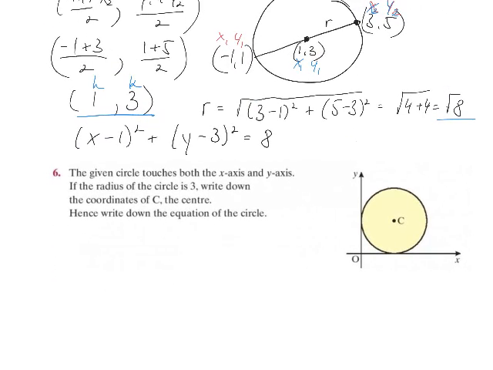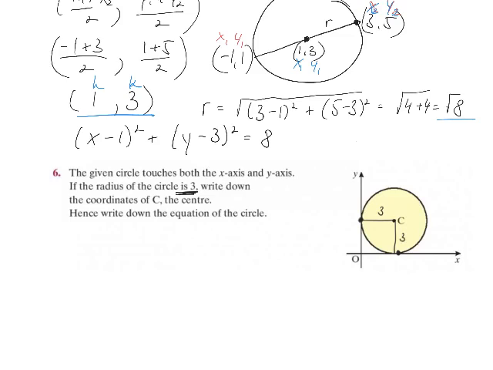So in questions like the next one, where a circle touches the y-axis here and touches the x-axis here, it is important to see that once we know the radius, and we are told the radius is 3, and remember this is the radius, and down here is also the radius.